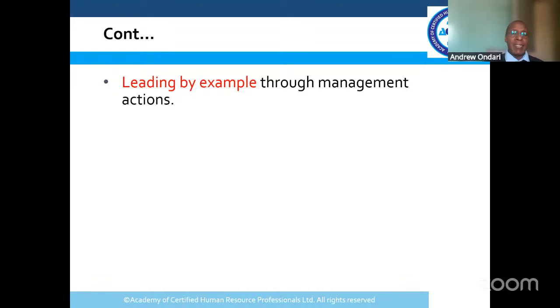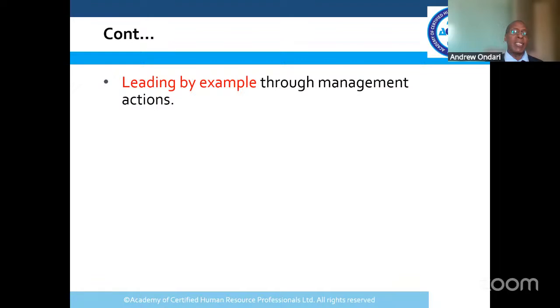Lastly is leading by example. And as they say, we must learn to walk the talk. That we must do what we say. And we must mean what we say. That by leading by example, you be the first one to do what you require others to do.